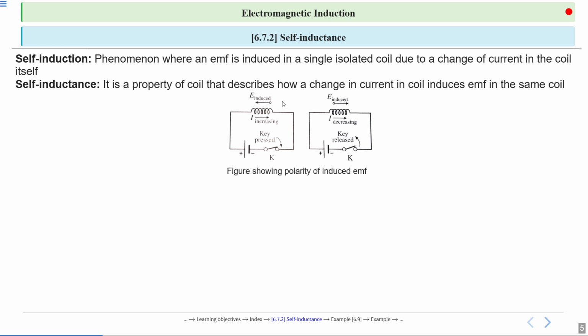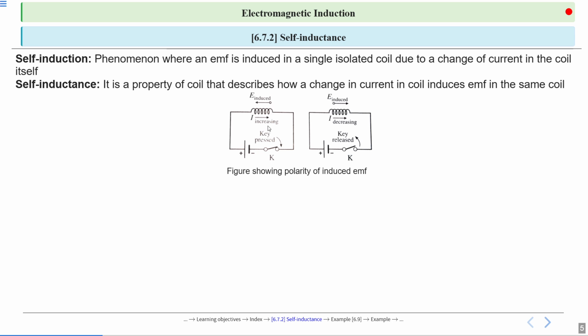This is the direction of current, and this is the polarity of the EMF. It is a hypothetical positive terminal, since it is an induced EMF, so there is no actual positive or negative terminal. But in a theoretical way, we can draw the positive terminal on the left side and the negative terminal on the right side, and the induced current will be shown by this arrow. It will be opposite to the increasing current.